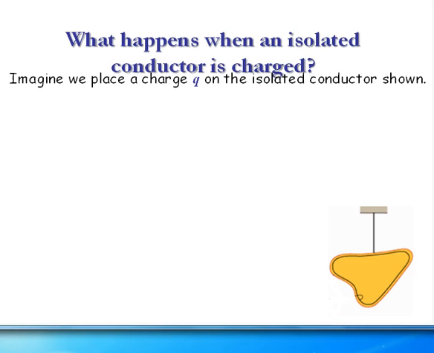So what happens when an isolated conductor is charged? If we imagine placing a positive charge on this conductor at this point, we know that charge is going to move. The free electrons in the conductor will be attracted to this charge.